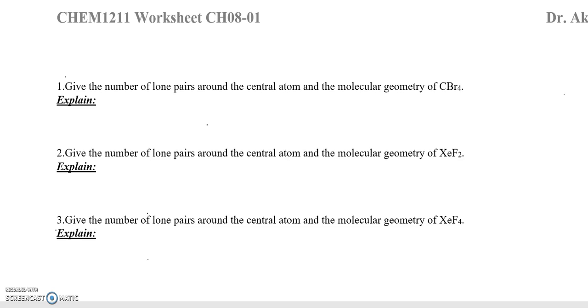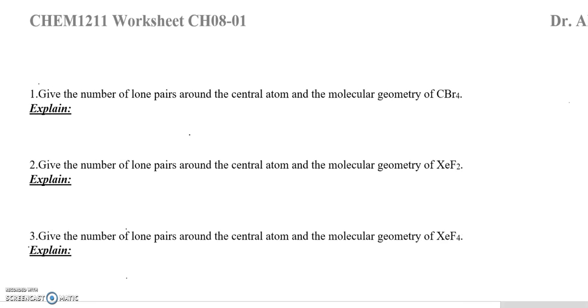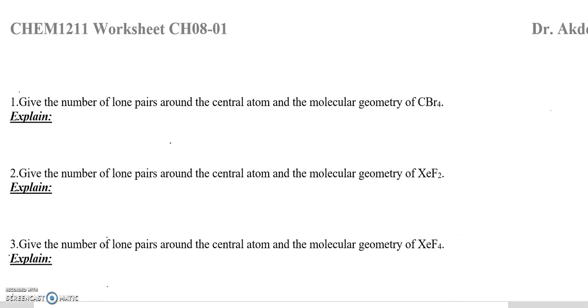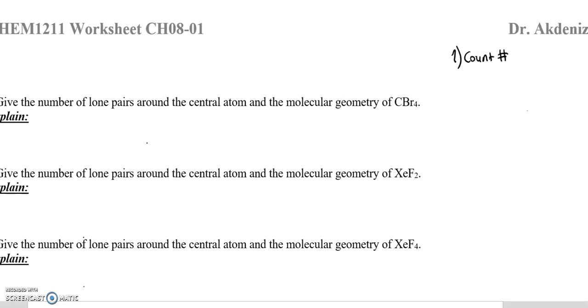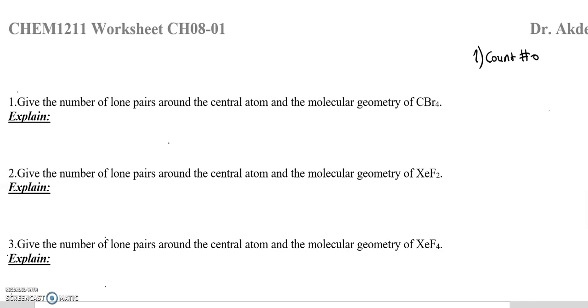Okay, so how do you get the molecular geometry of a molecule? The first thing we are going to do is count the total number of valence electrons. Two, we're going to form the skeleton.